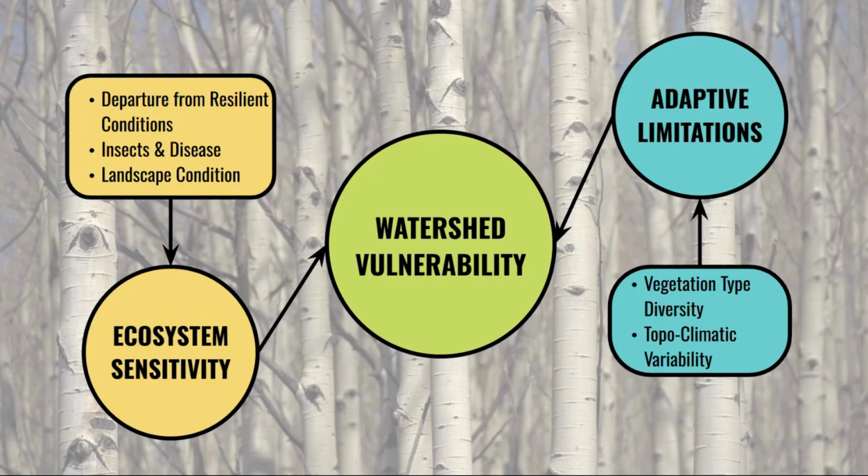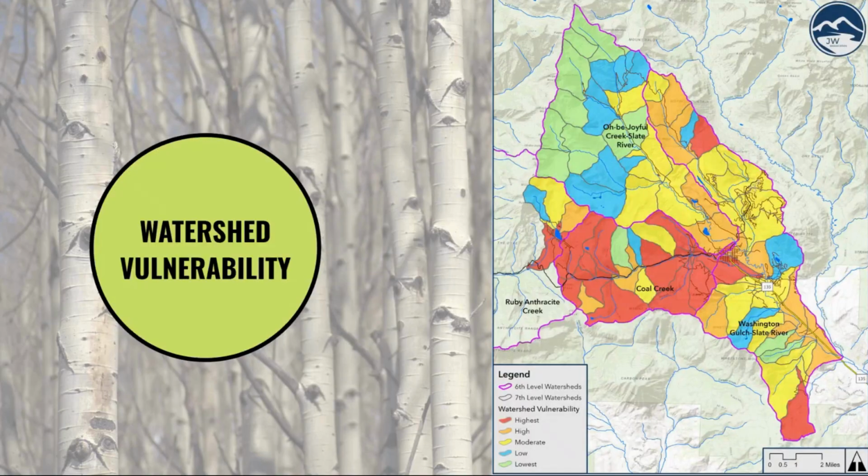The map from that analysis looks like this, and it looks pretty similar to the previous one. What that tells us is that we can focus on these smaller areas and really address both the watershed vulnerability component and the post-fire wildfire hazard component.